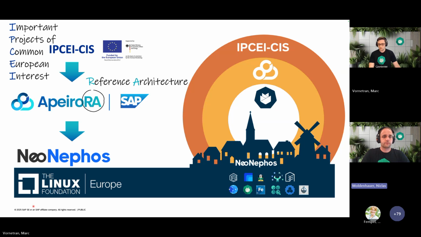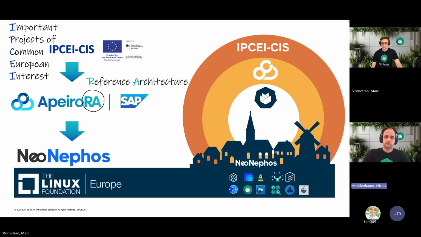So in essence, the European Union noticed that it might not be the very best idea to be completely dependent on non-European hyperscalers in the future, but it would be nice to have something for a sovereign environment on European soil, so to say. With that in mind, we have seen that Gardener is positioned in the NeoNephos Foundation.